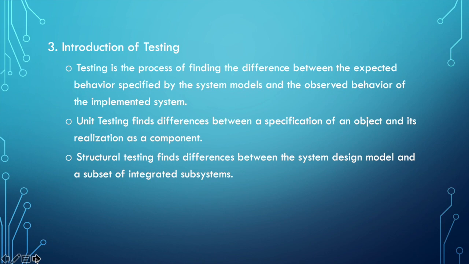And when it is developed, the idea is now a concrete software running. So testing: is there a difference between what I expect the system to do versus the observed behavior of the implemented system?